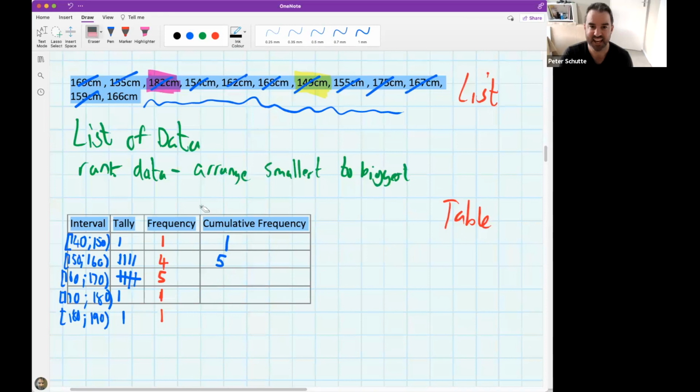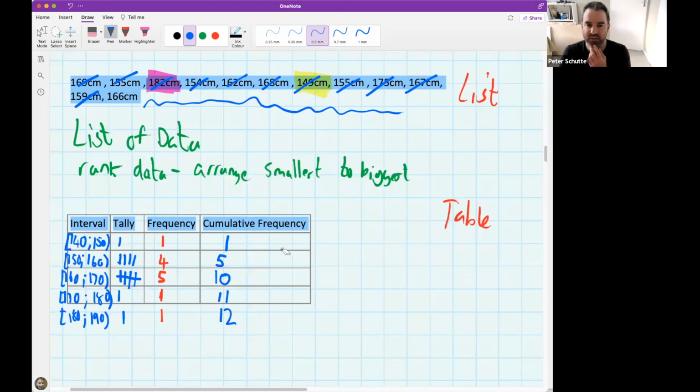Okay, it's going to be 10 because we add whatever frequency there was already. Then you've got 10 items up to 170, but then you've got 11 over here, and if you count another one, in total we'll get 12. And so there's 12 items in our data set.